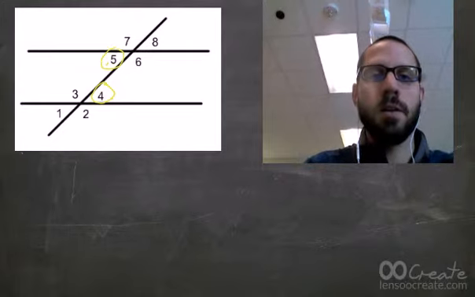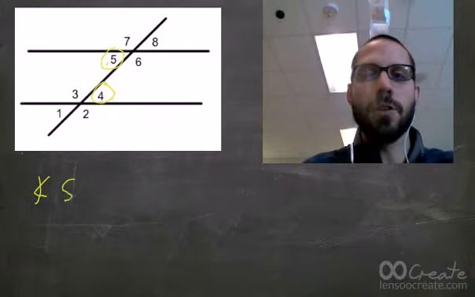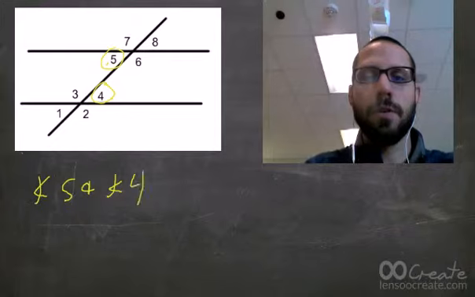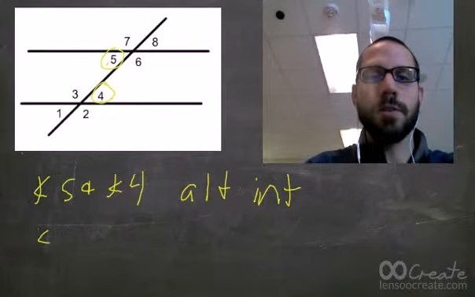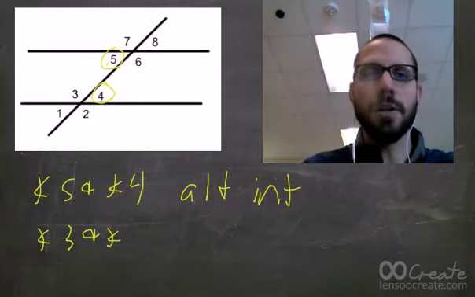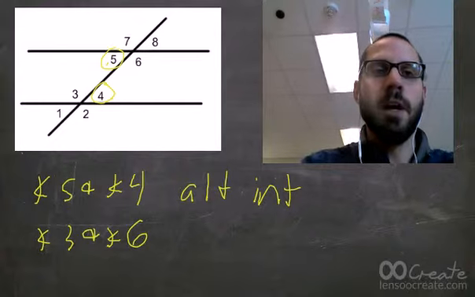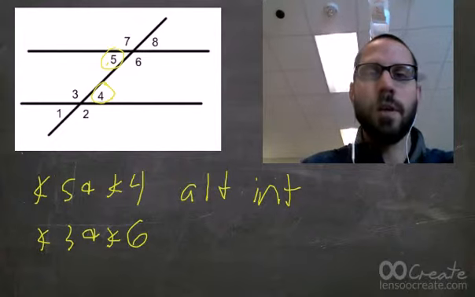So 5 and 4 are alternate interior angles. And also we have another pair, angle 3 and angle 6 are also alternate interior angles.